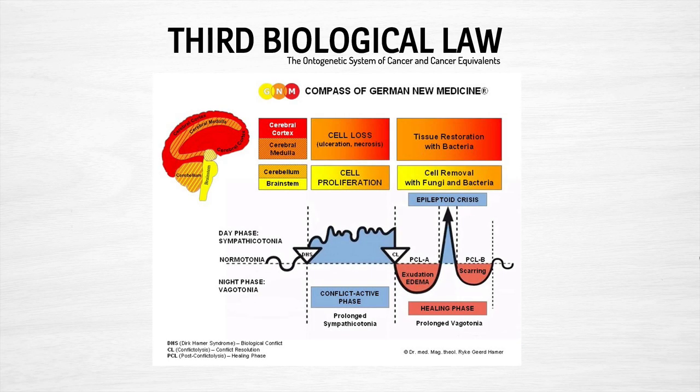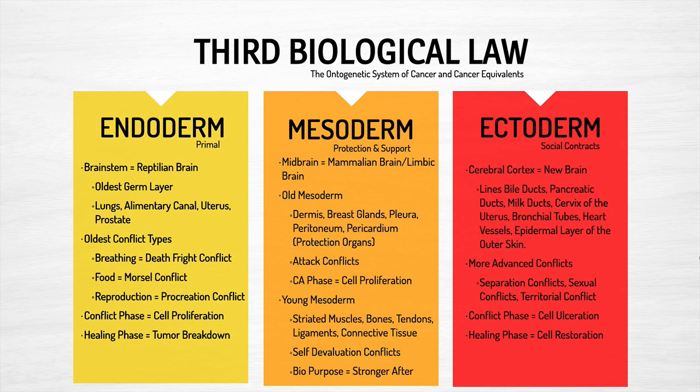So the third biological law, this is just a cool thing to look at when we're looking at the breast tissue. This is that compass of German New Medicine: the oldest tissues, remember the endoderm and the old mesoderm, during conflict activity, have cell proliferation. And with the newer tissues like the ectoderm and the young mesoderm, during conflict activity, there's loss of cell tissue, there's cell ulceration.